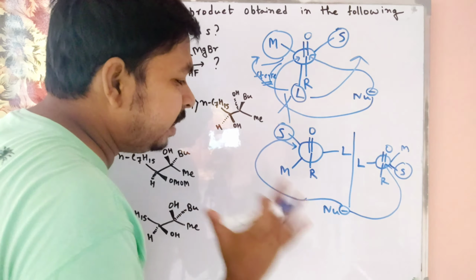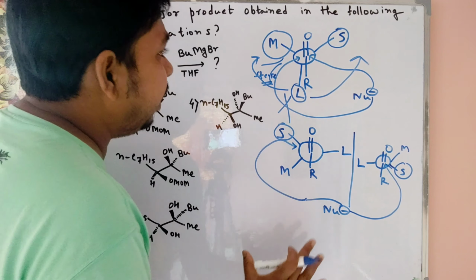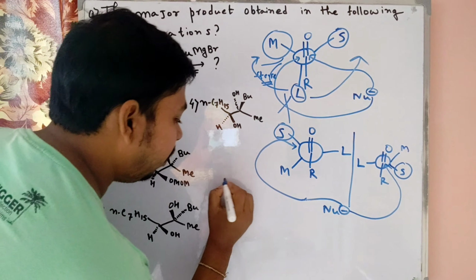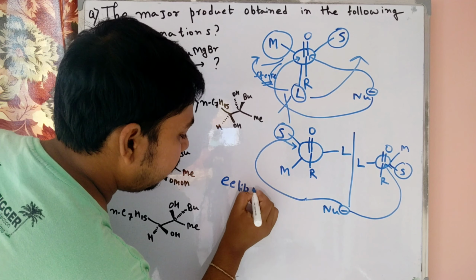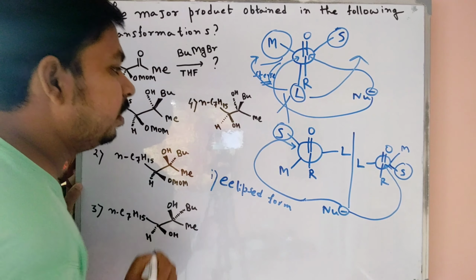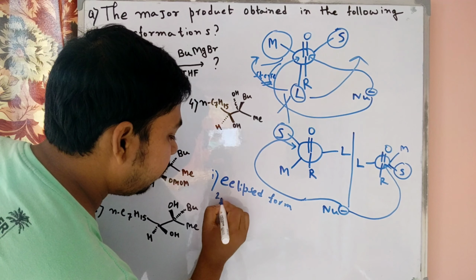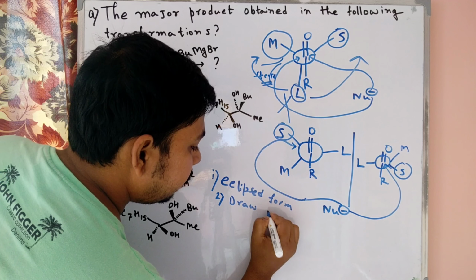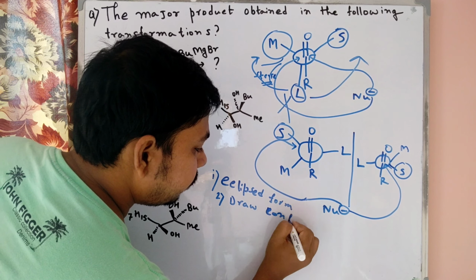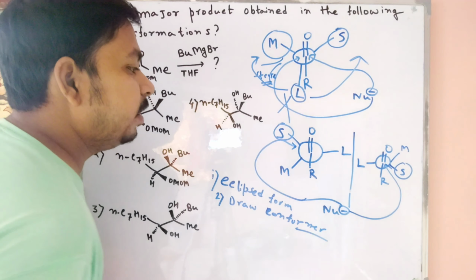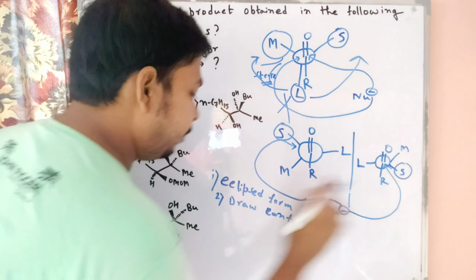So what happens here? First we draw the eclipsed form of the structure. Second, we draw the conformer, this type of conformer.